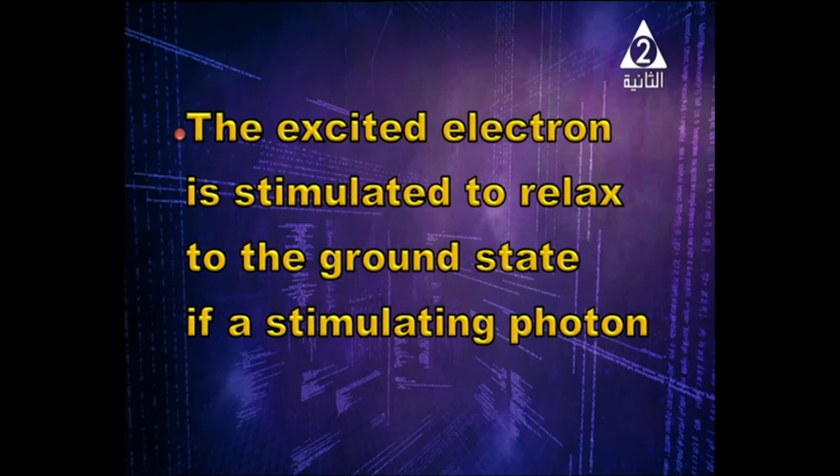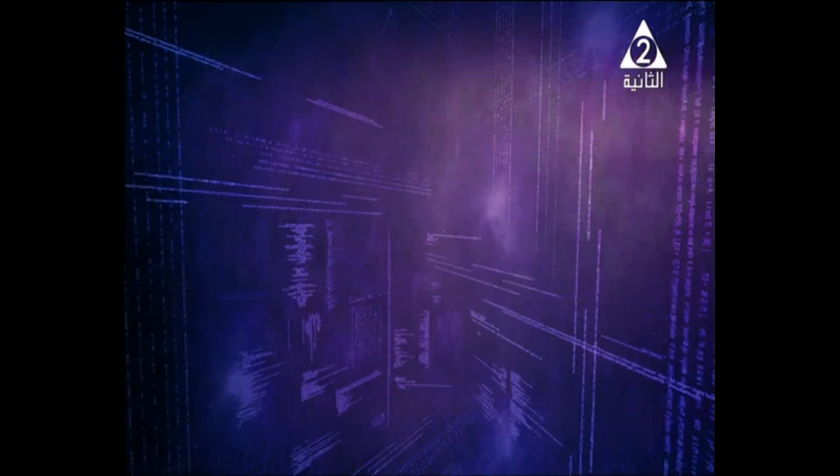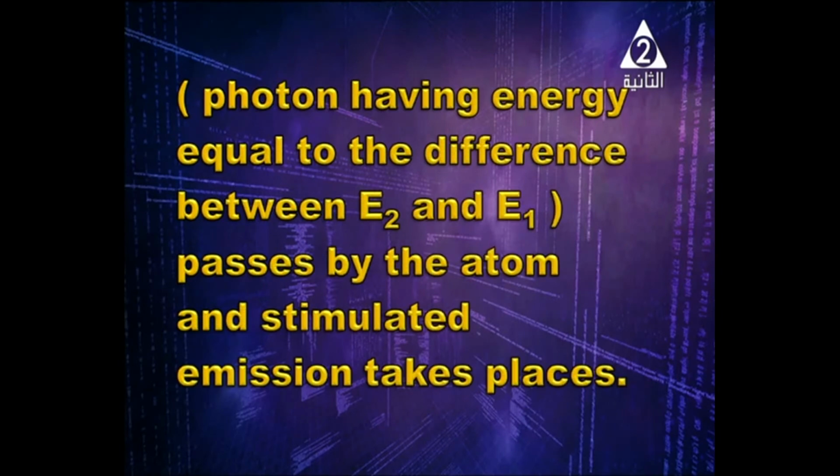The excited electron is stimulated, driven to relax to the ground state before its lifetime is over, if a stimulating photon, a photon having energy equal to the difference between E2 and E1, passes by the atom and stimulated emission takes place.